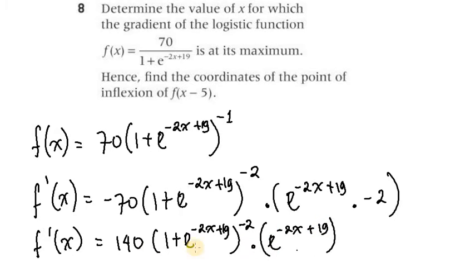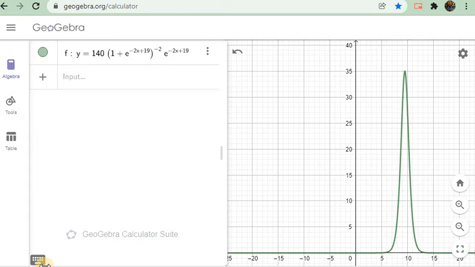Okay, I will pause the video and then we will go back with the graph of this gradient function. You just need to input this to your graphic display calculator or just GeoGebra. In this case we have the graph of our function y equals 140 and so on, the gradient function.